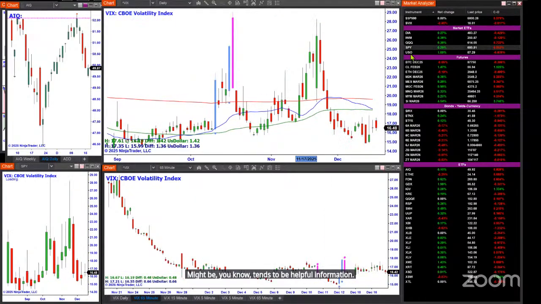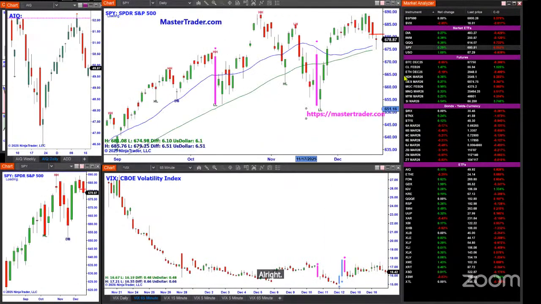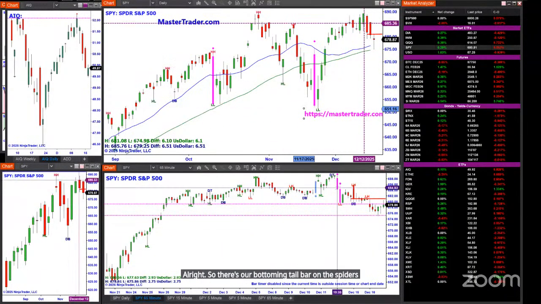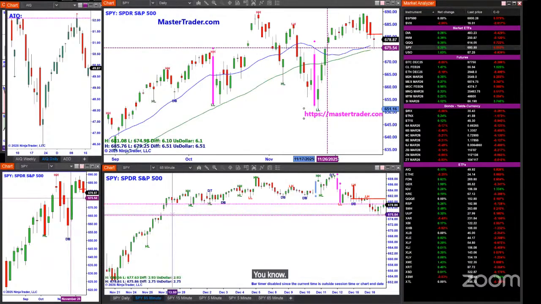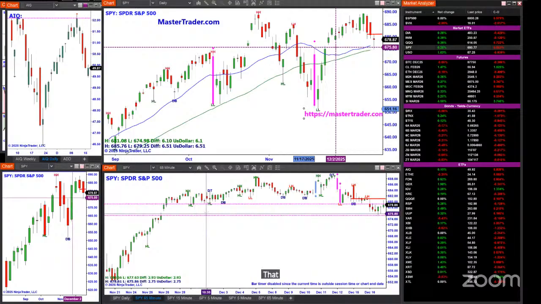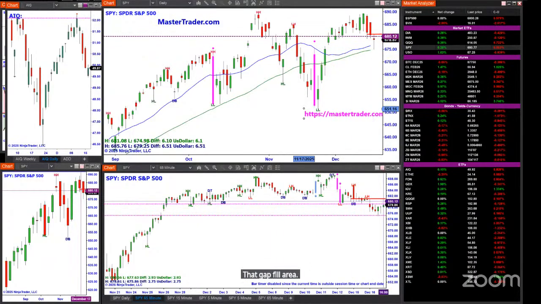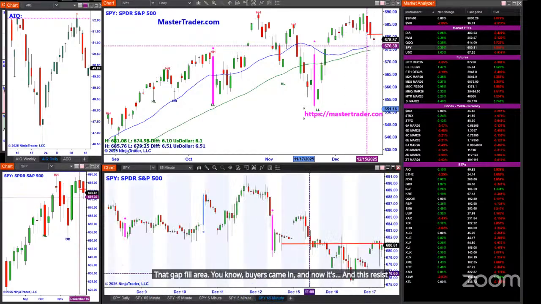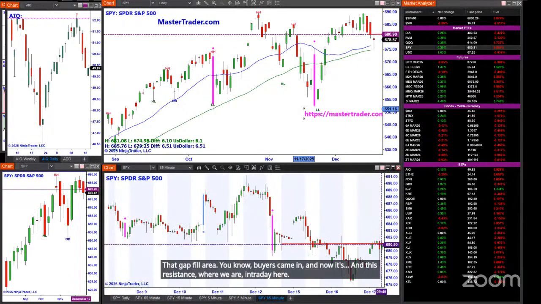All right. So there's our bottoming tail bar on the spiders, and the same thing, it came down here yesterday and touched that gap fill area. But buyers came in, and now it's in this resistance where we are intraday here, pre-market, I should say.